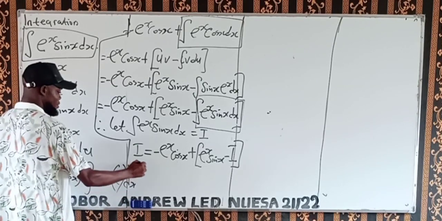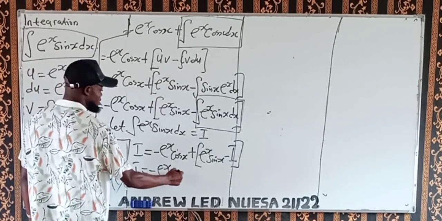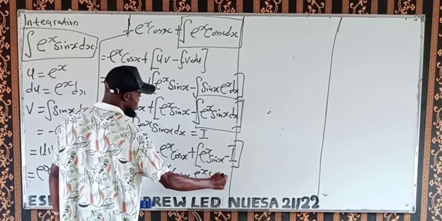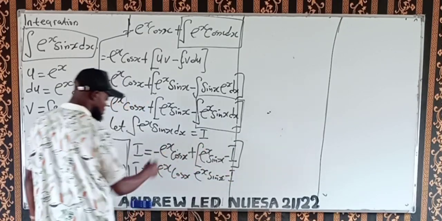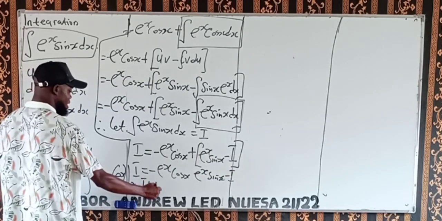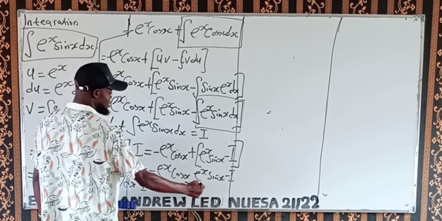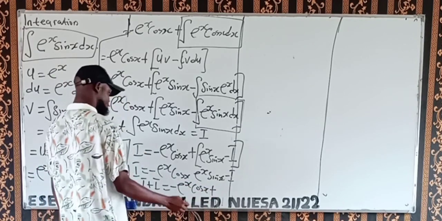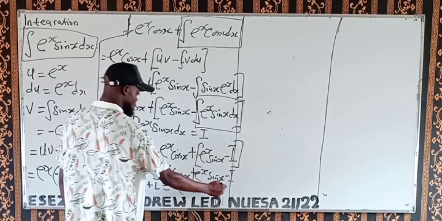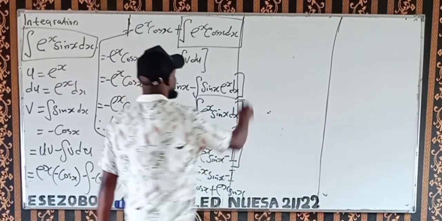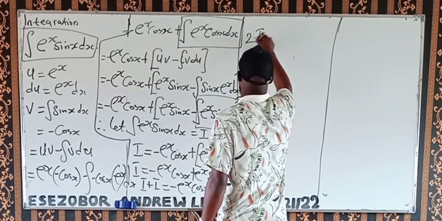So that I will now be exponential x cos x plus, open everything, remain the same, exponential x sin x minus I. I will come to this side. We have I plus I is equals to minus exponential x cos x plus exponential x sin x. The next thing, I plus I is 2I.